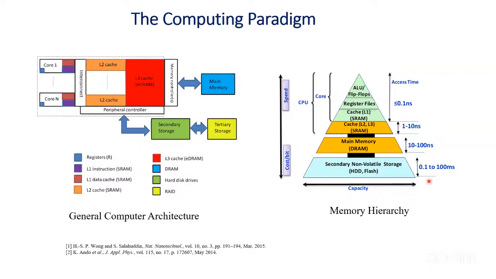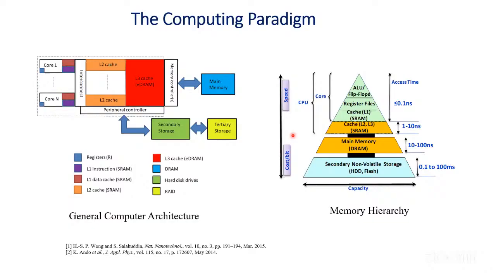If you see this memory pyramid, you can understand why it is there. This is basically a trade-off between speed and cost. The cost per bit is very high for SRAM, and very low for secondary storage, like hard disk drives and the flash memory that you use in your solid state drives. Speed is very important, because inside the core you need access to the data faster, but the cost of that memory is very high.